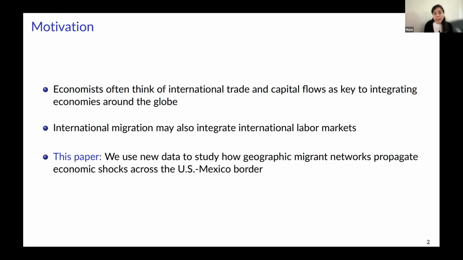But this channel has been less studied, at least in a contemporaneous context, because of the lack of data connecting migrant sources and destinations. So in this project, what we do is to use new data to study how the migrant network transmits economic shocks across the US-Mexico border.